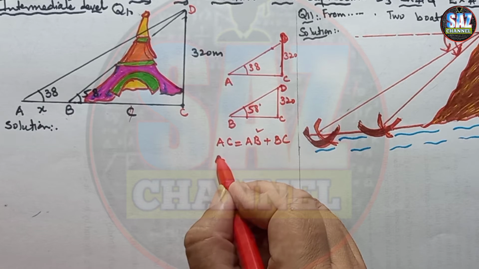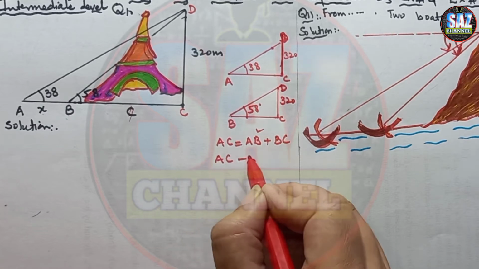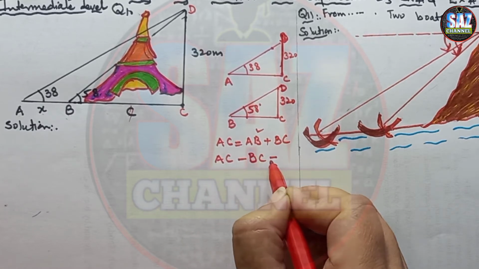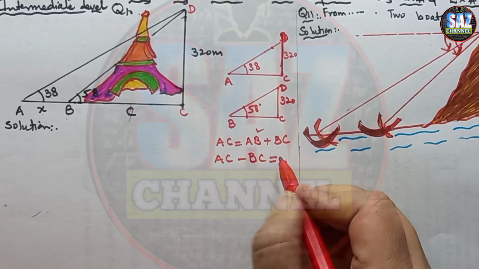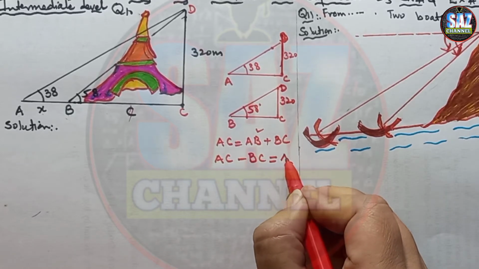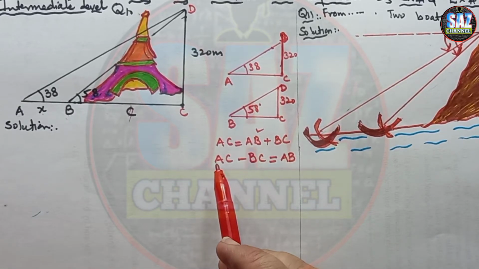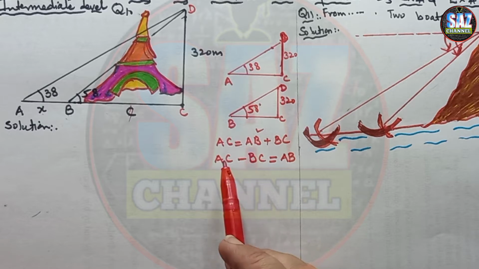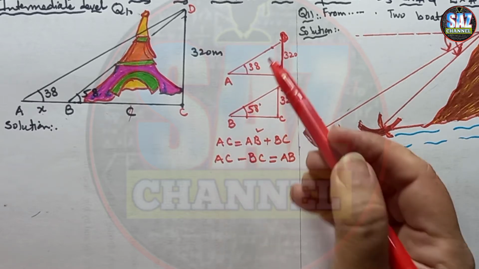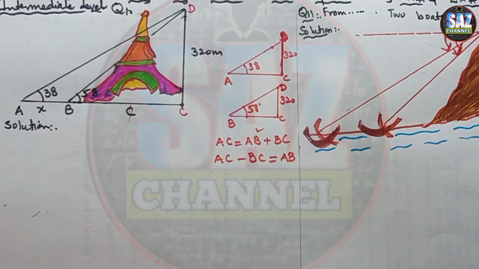So we have to take away BC from AC, and we will get our AB, which is the requirement of the question. Now the problem is how to find this AC length and BC length. For the calculation of AC, I have to take this outer big triangle. So let's move to the solution of the question.